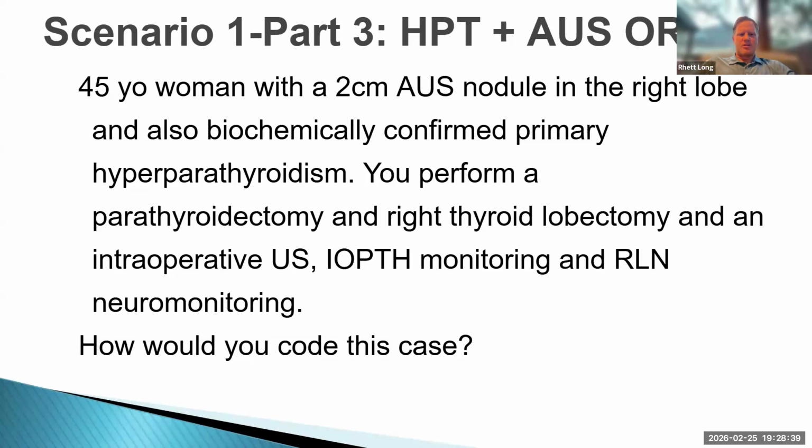So I would code this as a 60500 for a parathyroidectomy. I would then document the lobectomy. And then document the selective venous sampling or code for intraoperative parathyroid hormone monitoring, since I draw those from the internal jugular vein and am actually drawing those myself.